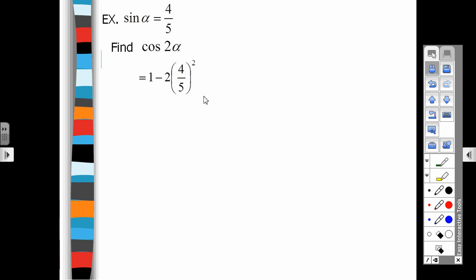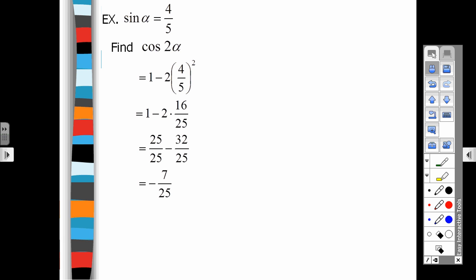So let's use the one that says 1 minus 2 times the sine squared alpha. We just plug everything in. We square the 4 over 5, multiply by 2, change the 1 into 25 over 25, and then we get an answer of negative 7 over 25.